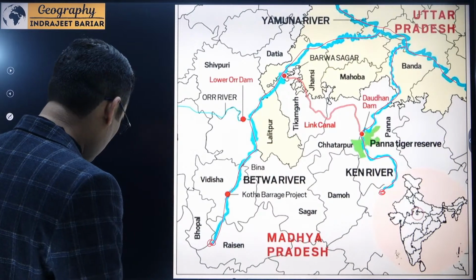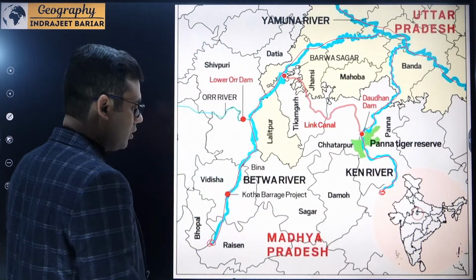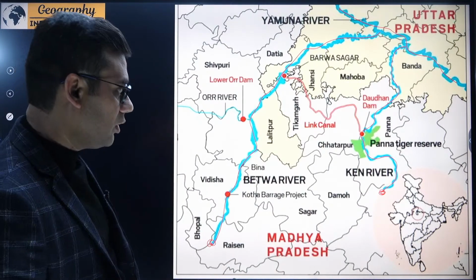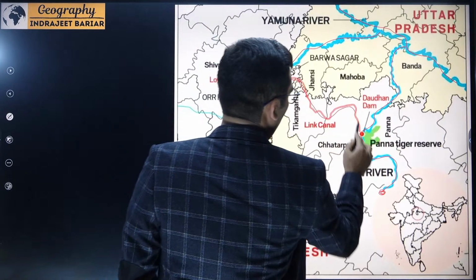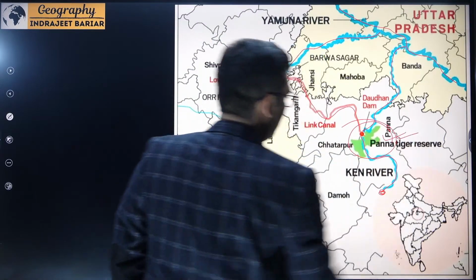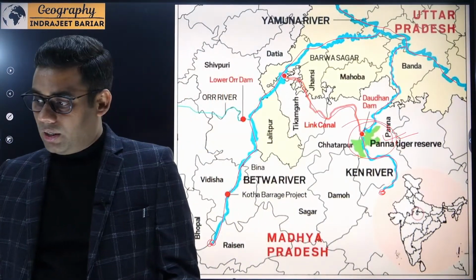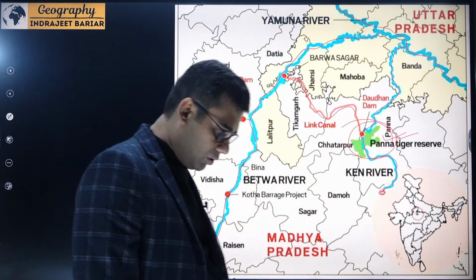Along with that, both of these rivers originate in Madhya Pradesh, from different parts of Madhya Pradesh, and you can see a link over here. Now this link is where the major area of concern is, which is the Panna Tiger Reserve. Now Panna Tiger Reserve is a very important region.